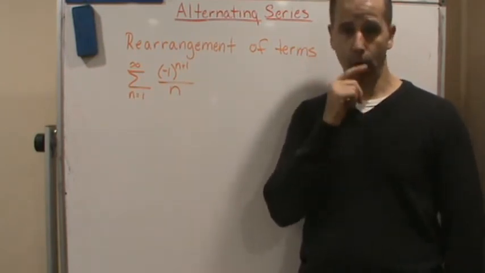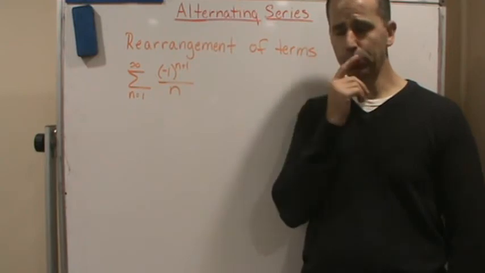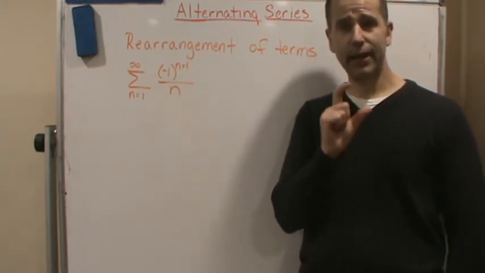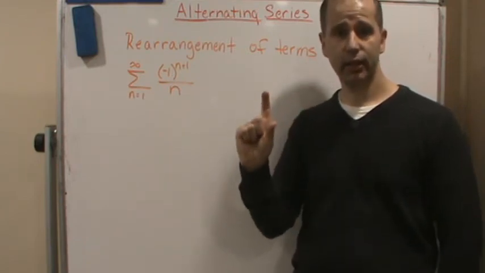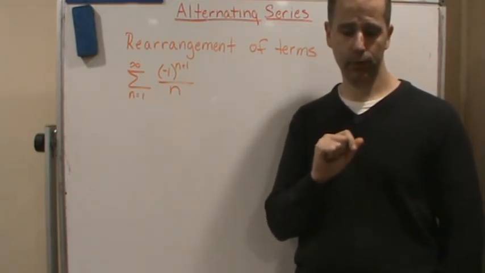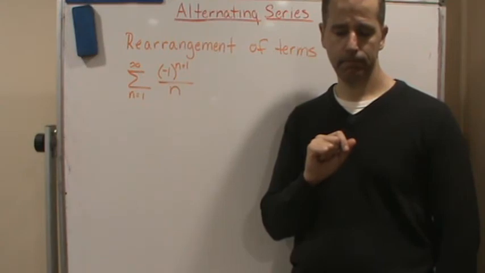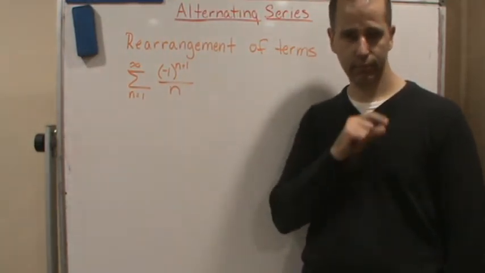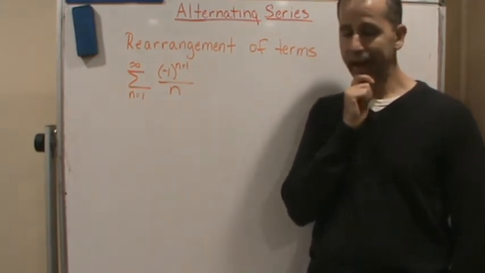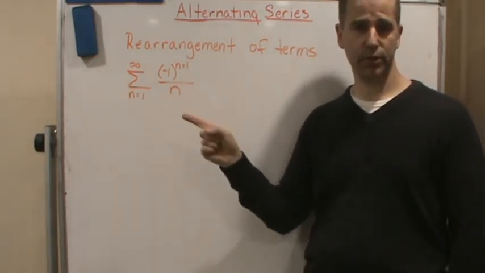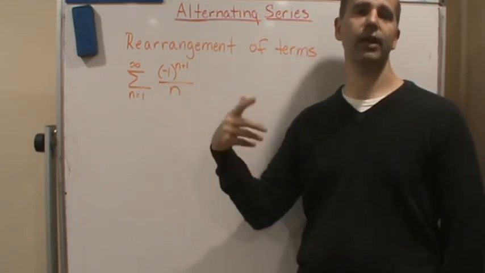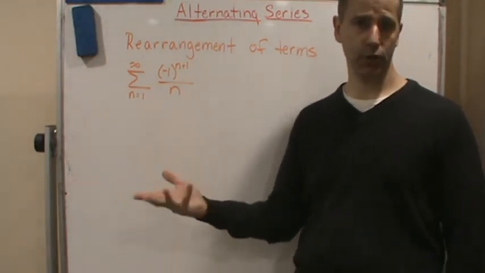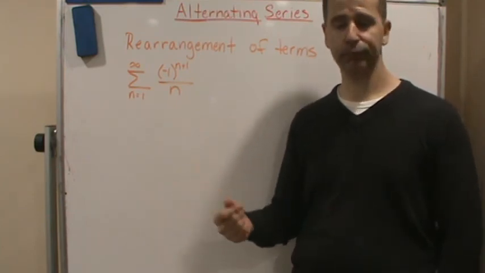But here's what you need to know. This is the takeaway. It turns out that if a series is conditionally convergent, or if it exhibits conditional convergence, then you can rearrange the terms of that series and get it to converge or diverge or converge to any number you want.